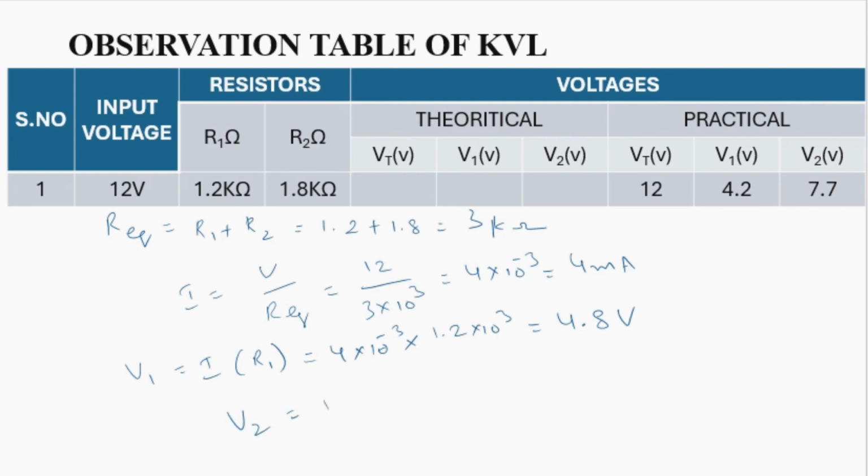V2 equals I into R2, 4 into 10 power minus 3 into 1.8 into 10 cube, which equals 7.2 volts. Vt equals V1 plus V2, 4.8 plus 7.2 equals 12 volts.